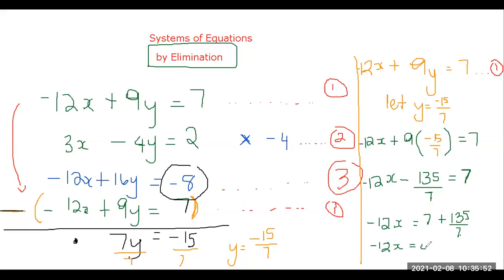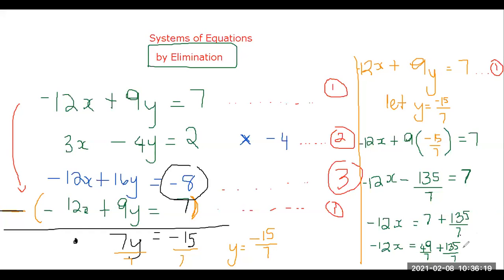So that is 49 over 7 plus 135 over 7. Running out of space, so 49 plus 135. Then I could add these fractions because they have the same denominator, which is going to be equal to 184 over 7.